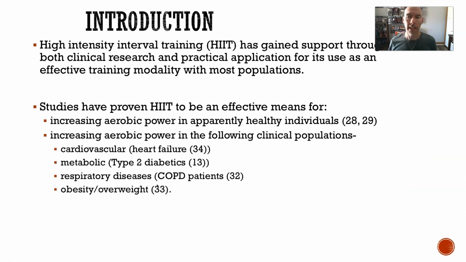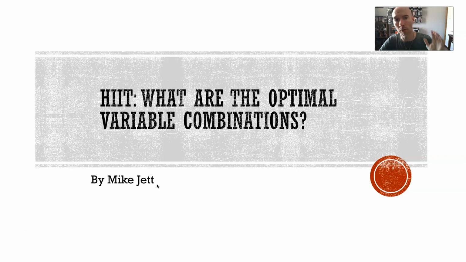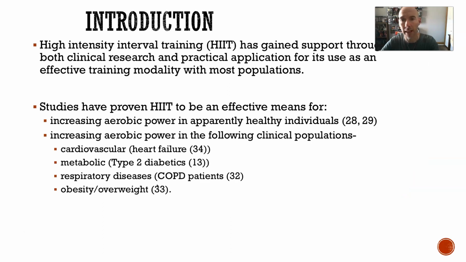So as we started with the last presentation, we're going to do an introduction. Since my topic overall is about high intensity interval training, I'm going to start out my first actual content slide by defining what high intensity interval training is, and talking about what the general view is on interval training.